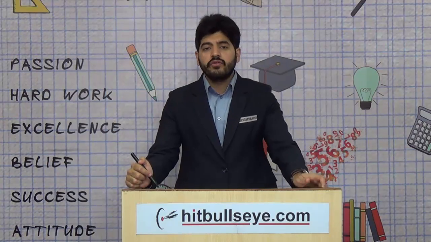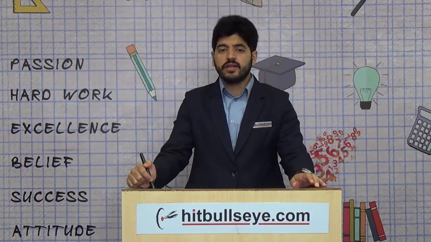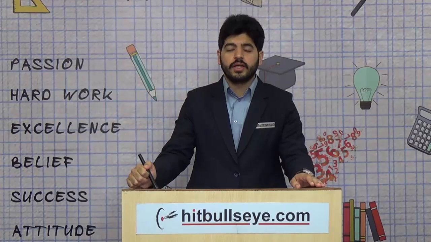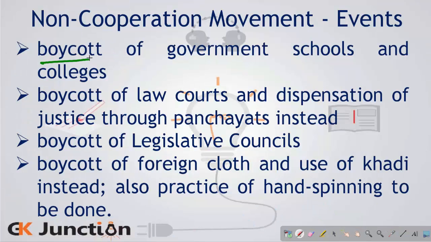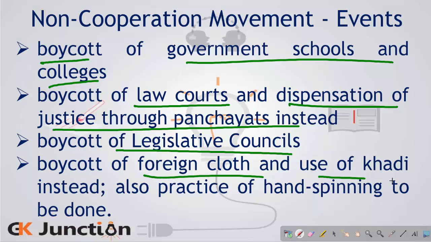Talking a bit about the events of the non-cooperation movement. Firstly, non-cooperation as a word itself suggests not to cooperate with anything related to the government. So there was a boycott of government schools and colleges, of government law courts, and dispensation of justice through panchayats instead, of governmental legislative councils also, of foreign cloth and use of khadi instead of the foreign cloth, and promoting hand spinning.